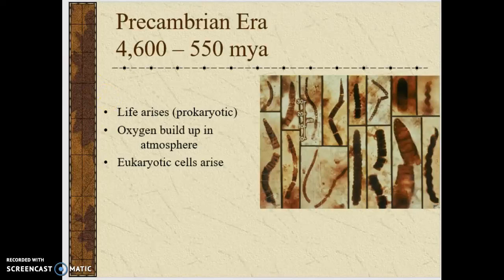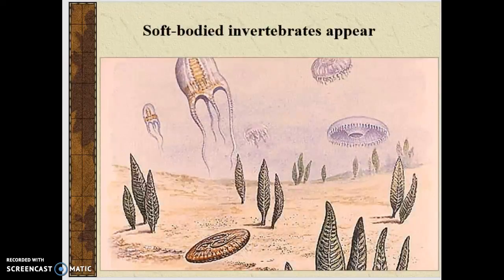So what we see during this era are soft-bodied invertebrate animals appearing, or organisms, because it's not just animals, soft-bodied invertebrates appearing in the fossil record. Sadly, these things don't leave great impressions, but we do have evidence of them in the fossil record from the Precambrian era.